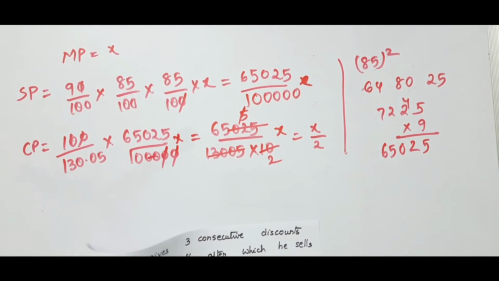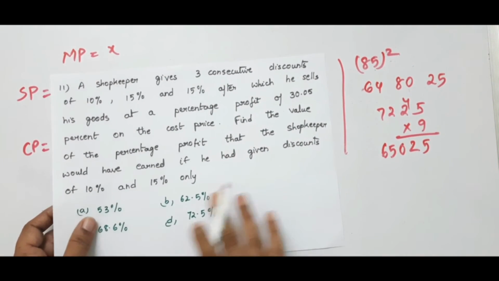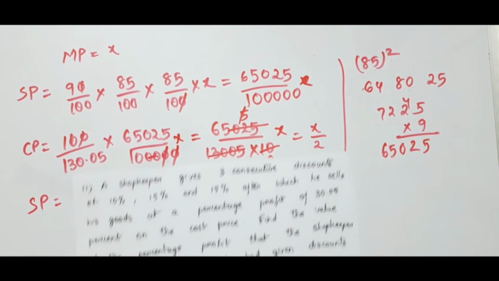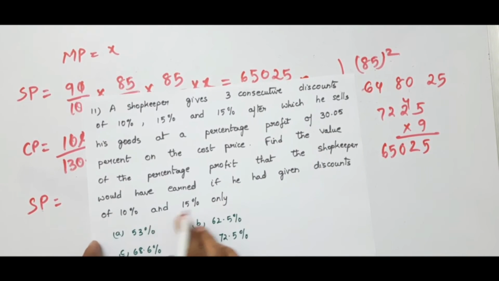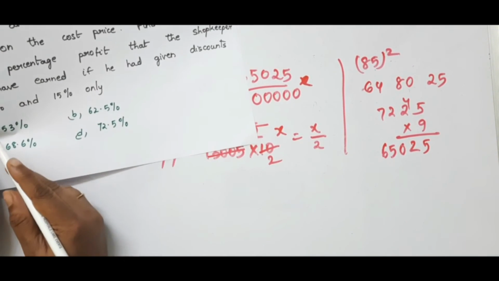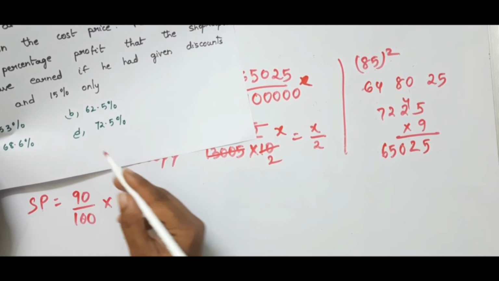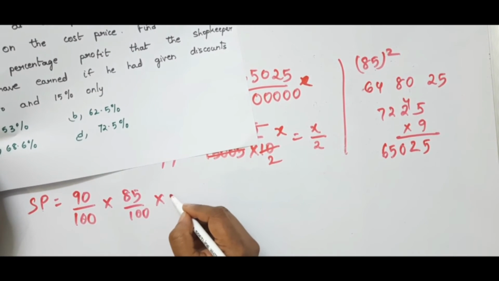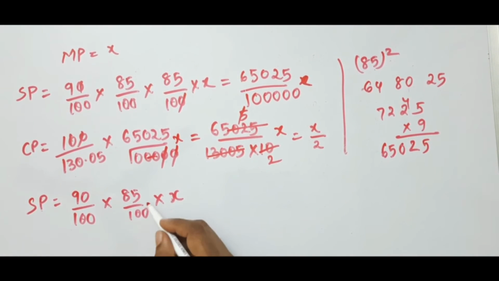Now if we got the cost price, then we have to find the selling price of these two discounts. Is it not? He asked to find the profit percentage for this selling price. So selling price is equal to, what are the discounts he has given? 100 minus 10 is nothing but 90 by 100 into 100 minus 15, that is 85 by 100 into market price we have taken as X. Zeros cancel.